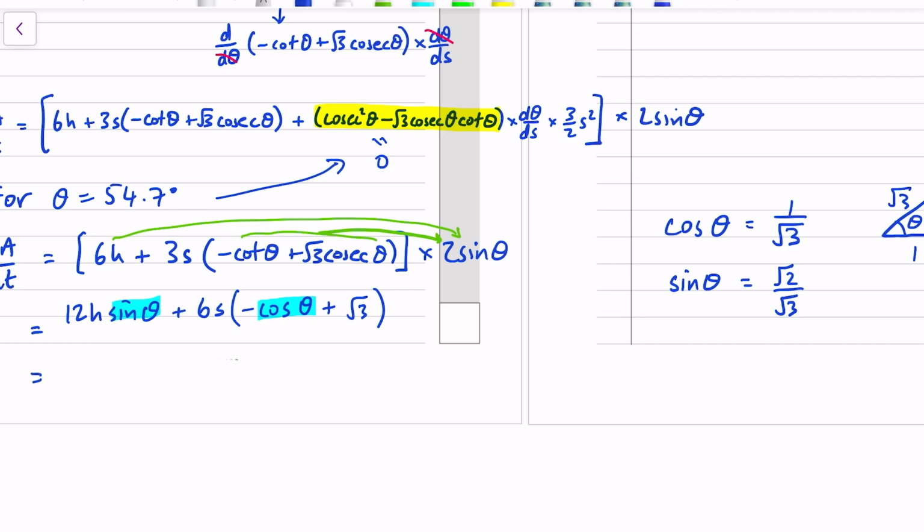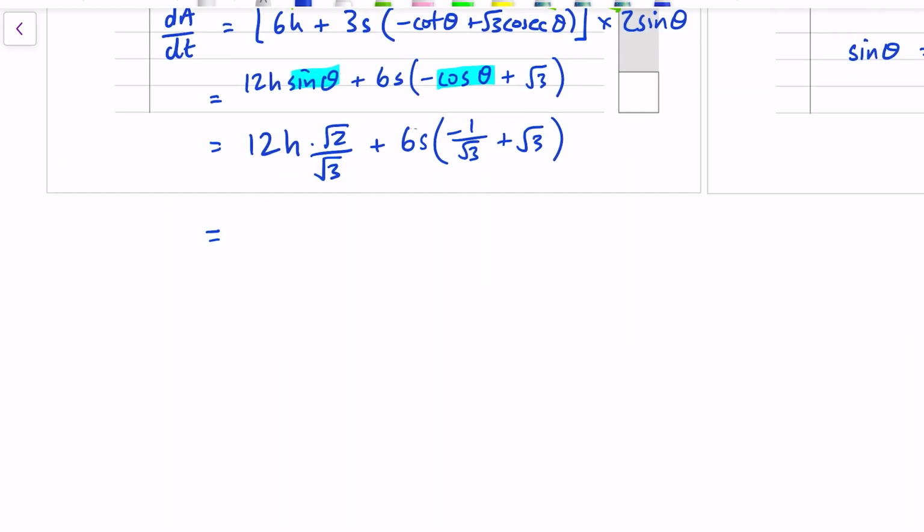Okay, so the final answer to the problem is 12h times root 2 over root 3 plus 6s times negative 1 over root 3 plus root 3. And we can pull out the 1 over root 3 if we wanted to. So we've got 12 root 2 h, and then we have 6, no we don't, we have minus 6s.